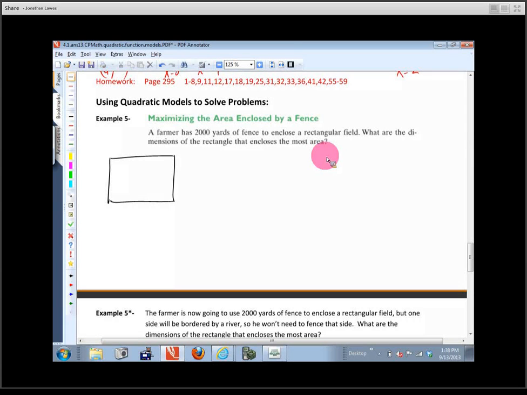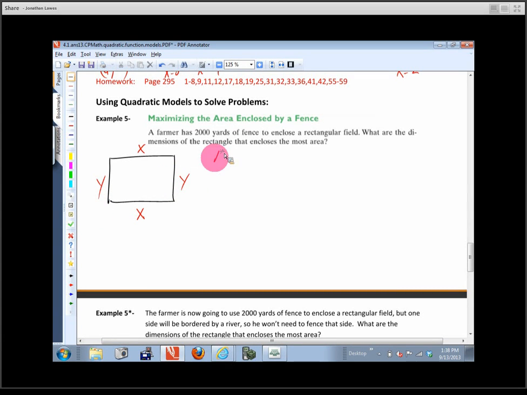Okay? So there are a couple different ways that we can do this. Let's first approach it the way we talked about in the last section of chapter 3. If this is x and I've got a rectangle, I know what one of the other dimensions is. I know that's got to be x. I don't know what this dimension is here, so guess what variable we're going to use here? We're going to use a y.